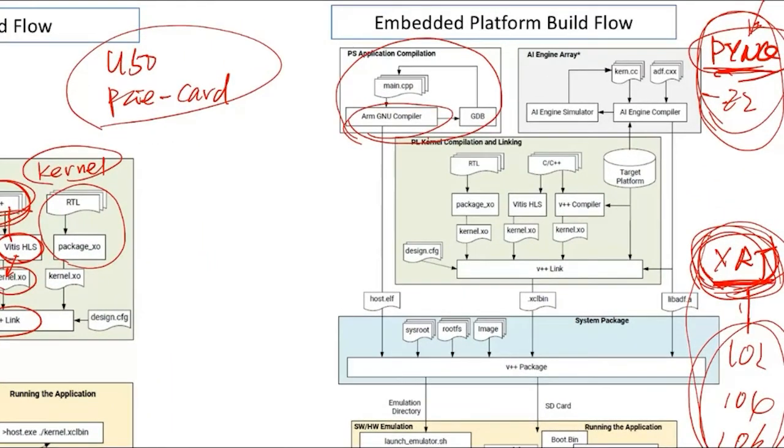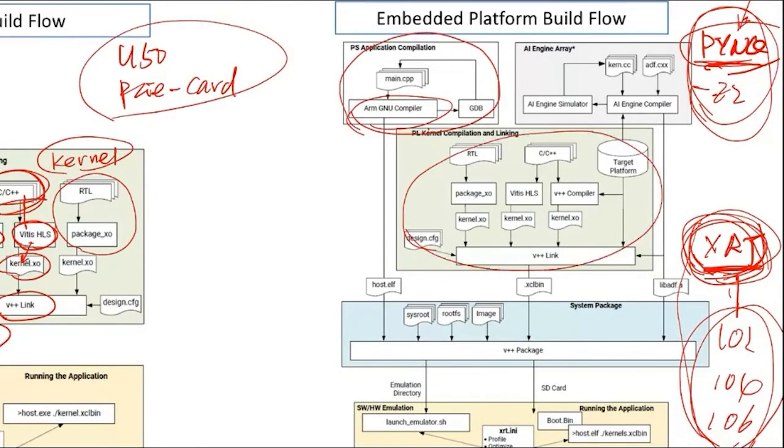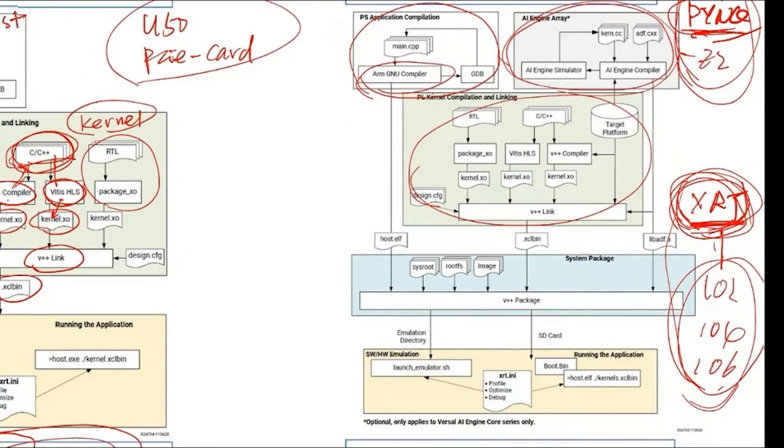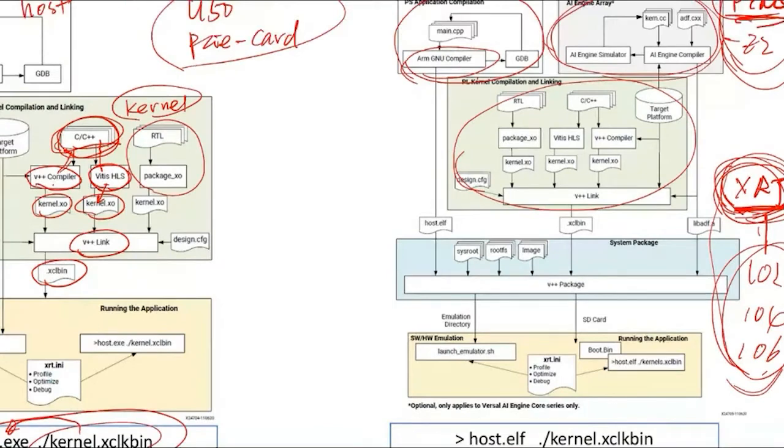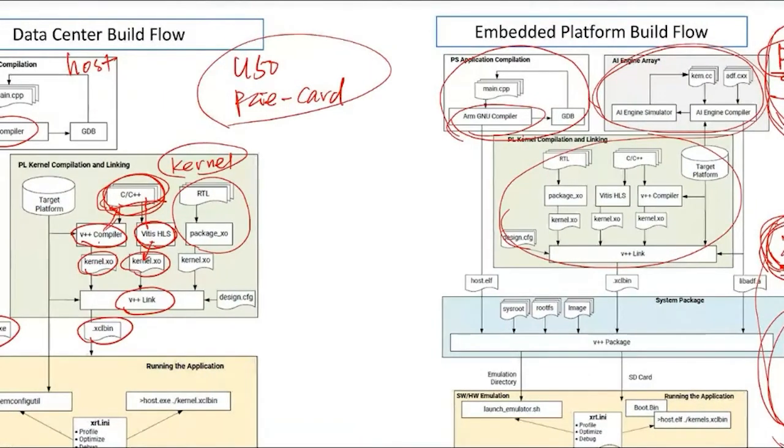And the kernel function is the same. For Vitis AI, the embedded flow offers the AI engine. However, the kernel function development flow is the same for embedded and data center. The flow is the same.